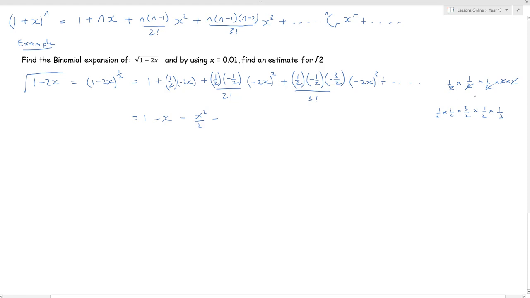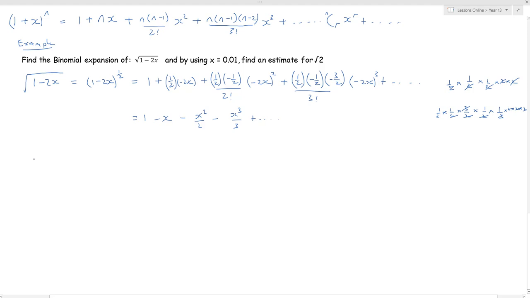And then we've got 3 2's there, so times 2 times 2 times 2. Now these 3 2's cancel with these 3 2's on the bottom. The 3 cancels with the 3 there, so I'm left with a half again. Just x cubed divided by 3 plus. So that's our expansion, done in 2 lines.